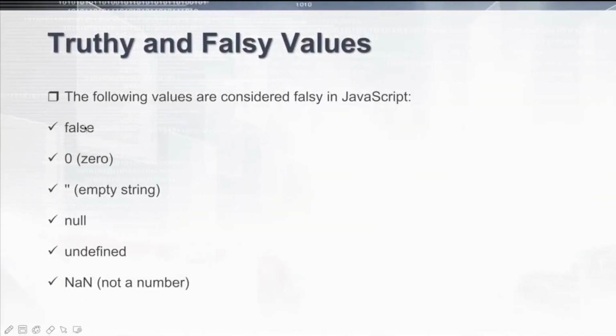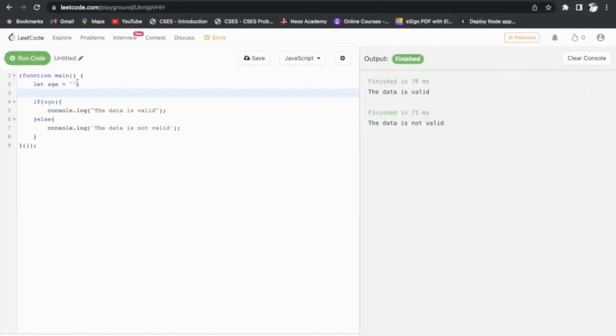So if we check with any of these values, if we say age is false, or let's say this is a true, let's just put it like this so that it will be clearer, and this is a false, right?